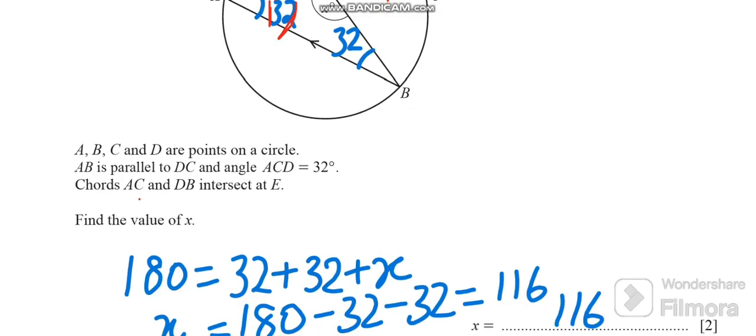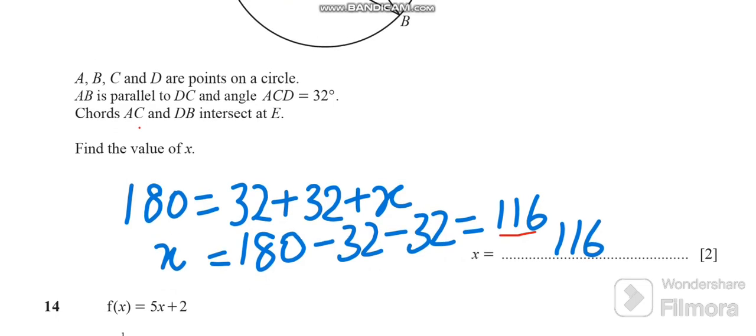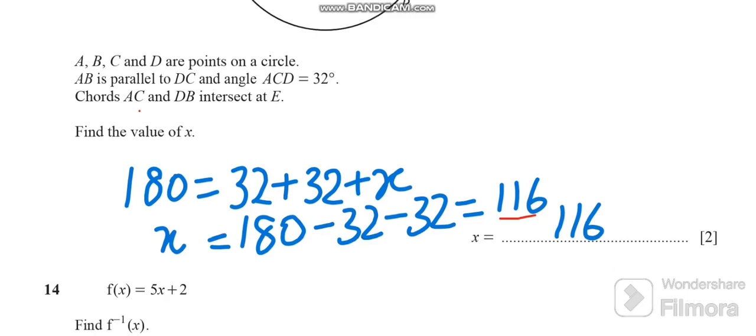So 32 plus 32 plus x, and the total is 180. So 180 minus 32 minus 32, that will be 116. So x is equal to 180 minus 32 minus 32, which is 116 degrees, and this is the value of x.